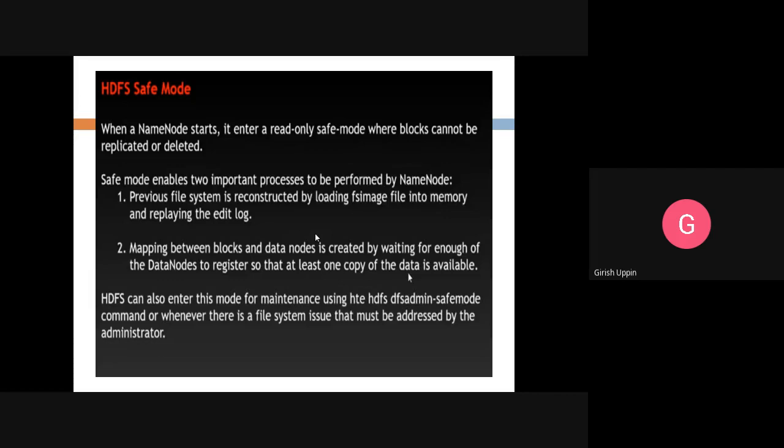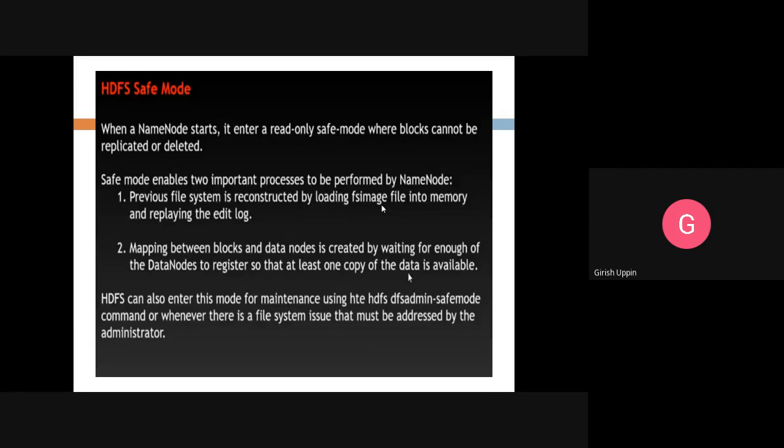So how do we reconstruct that particular state? It is done using the two files we talked about, the fs image file and the edit log files. The fs image file, as we already know, has the state when a name node is running.